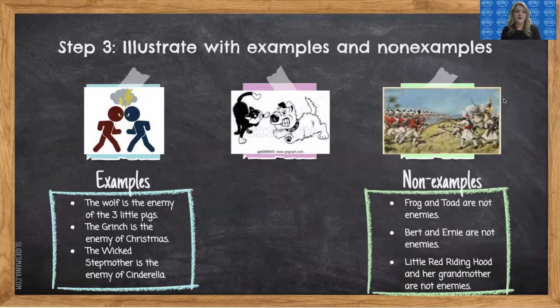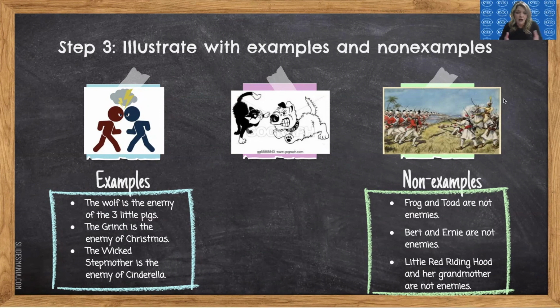So that leads us to our step 3, which is illustrate with examples and non-examples. The first thing, if possible, is to give what we call a concrete example. That is something that they could actually hold, something tangible. That's not always feasible when you're given a word like enemy.